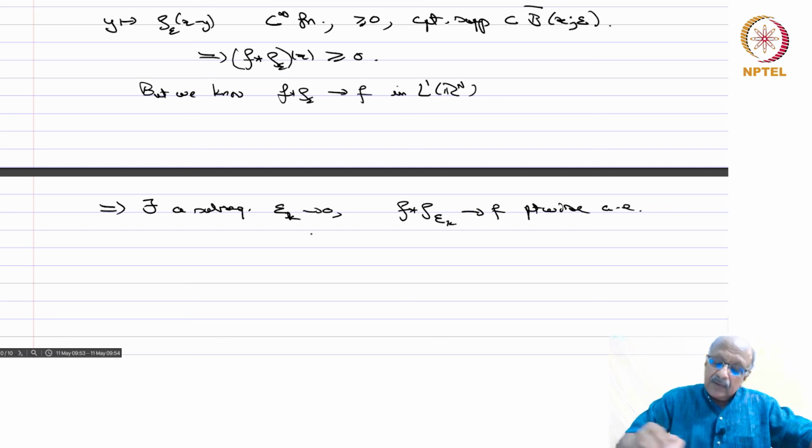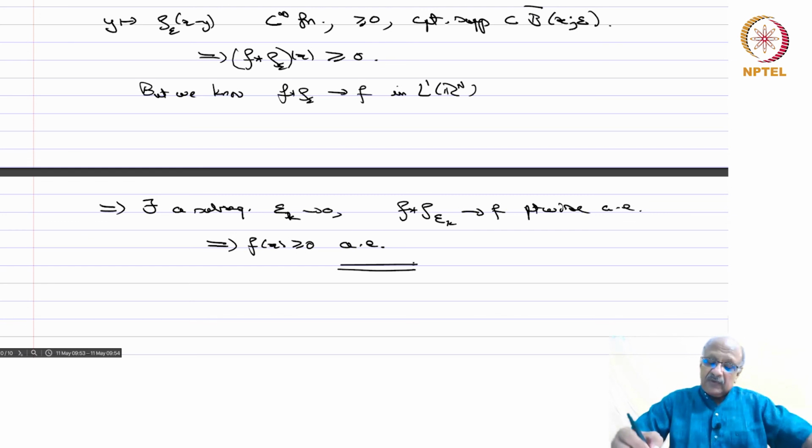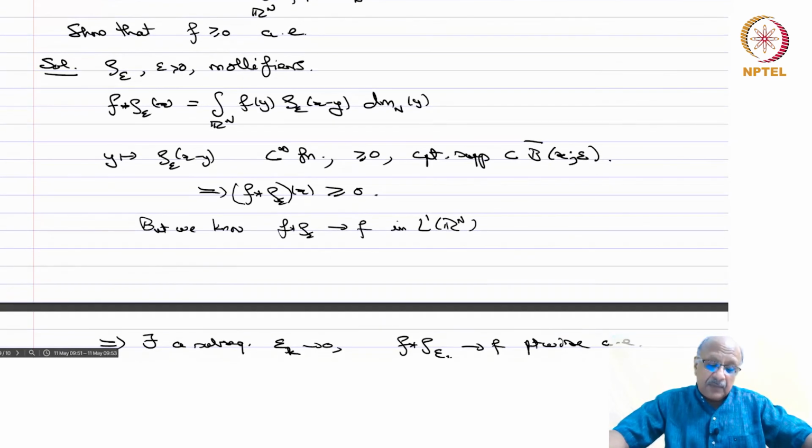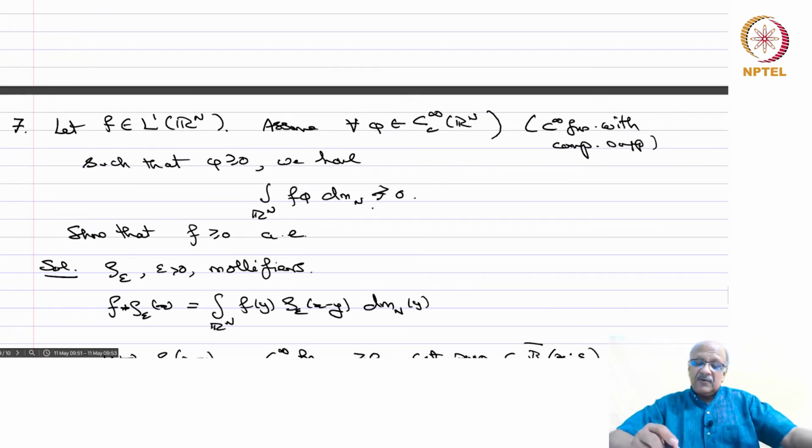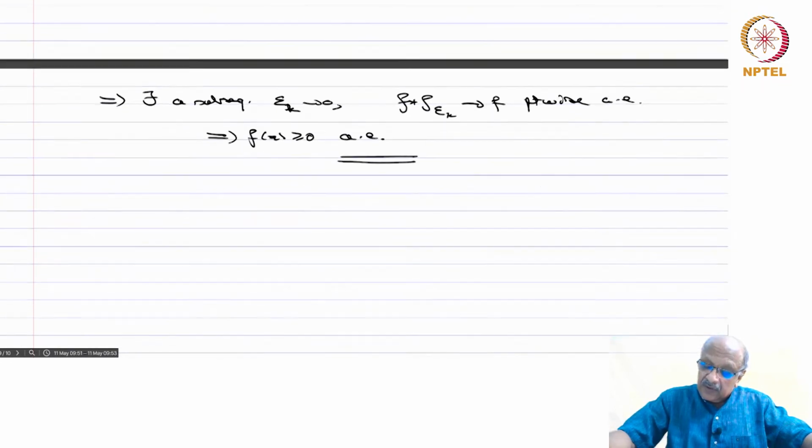Since this is greater than or equal to 0 pointwise and it converges to f, this implies that f(x) is greater than or equal to 0 almost everywhere. So that proves this theorem. It's a very nice application of the convolution idea, a different kind of application. Namely, if these integrals are all non-negative for non-negative functions, then the function itself has to be non-negative almost everywhere.